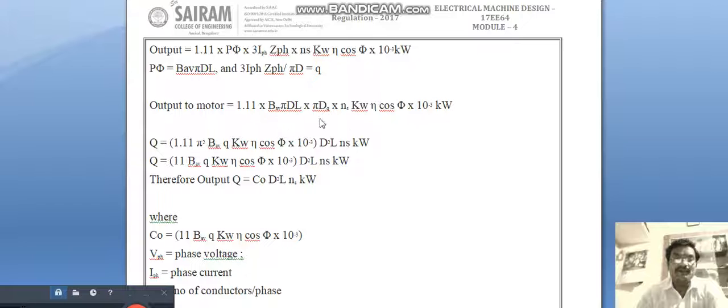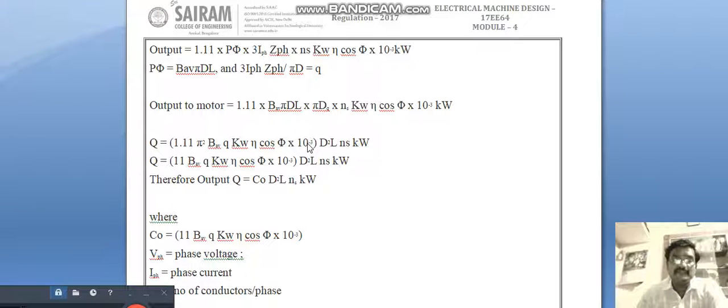So this will be the output equation of the motor: Q is equal to 1.11 pi squared B av q Kw eta cos phi into 10 to the power of minus 3 D squared L ns kilowatt.